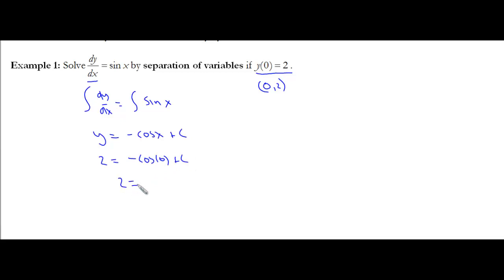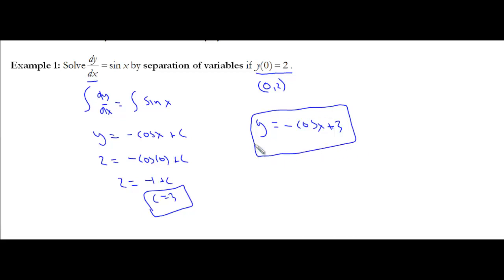So you end up getting 2 equals negative 1 plus c. Add 1 to both sides and you get c equals 3. So now we know that our equation is y equals negative cosine of x plus 3. And that is how you solve a differential equation.